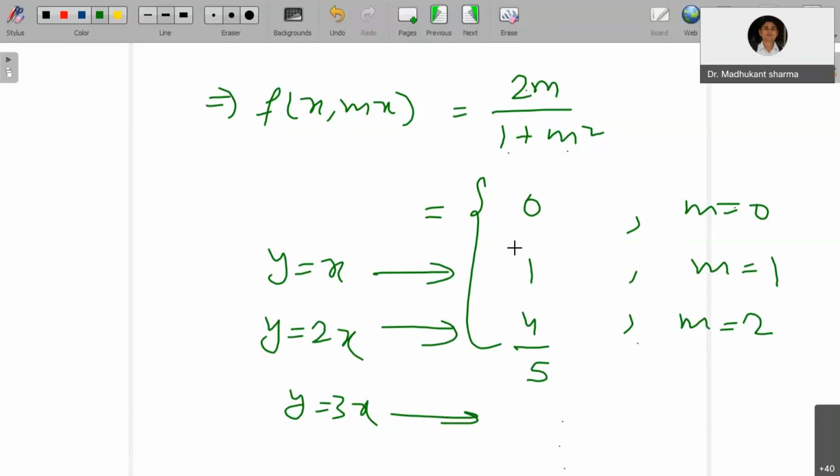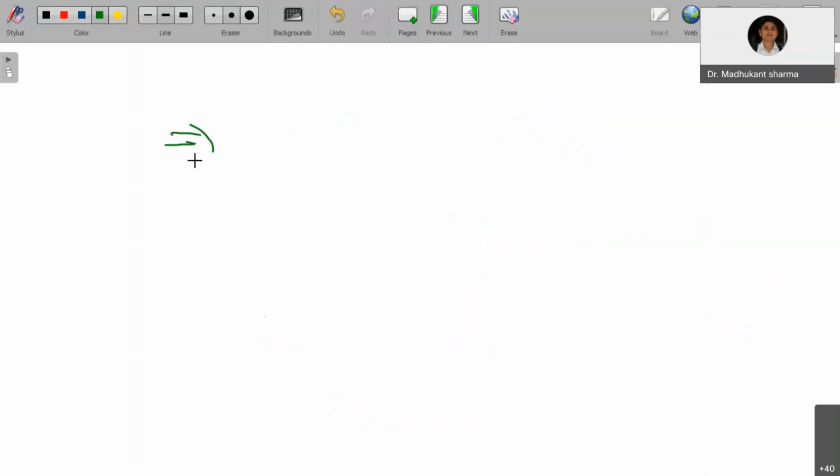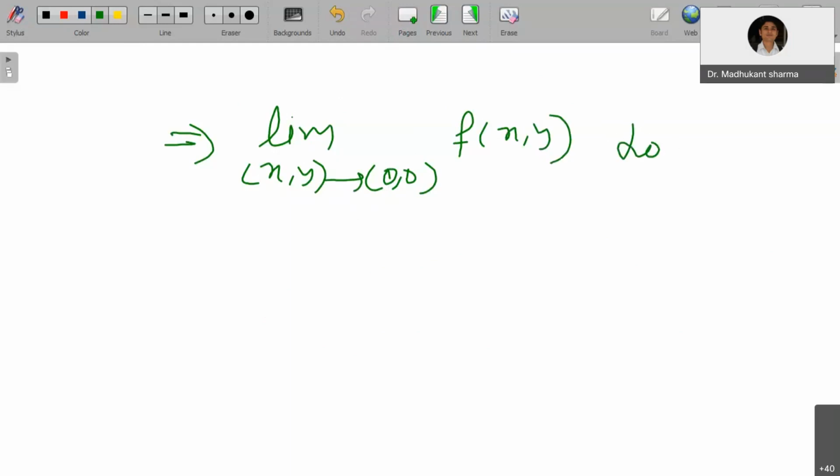But once you get a different value along one path than the previous one, you can say that the limit does not exist. Therefore, the limit as (x, y) tends to (0, 0) of f of (x, y) does not exist.